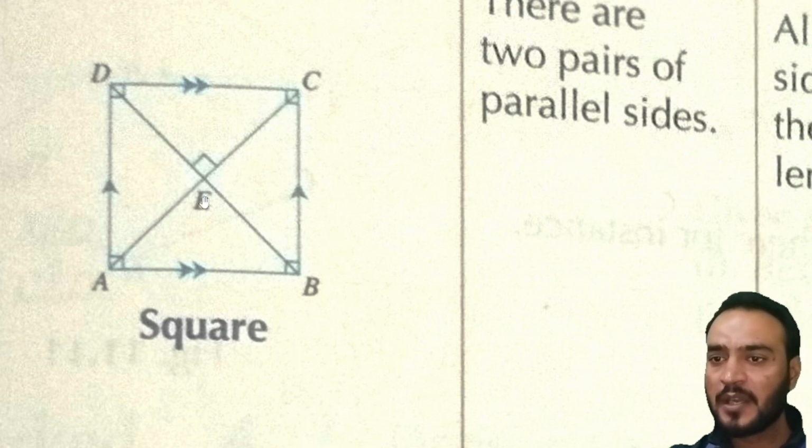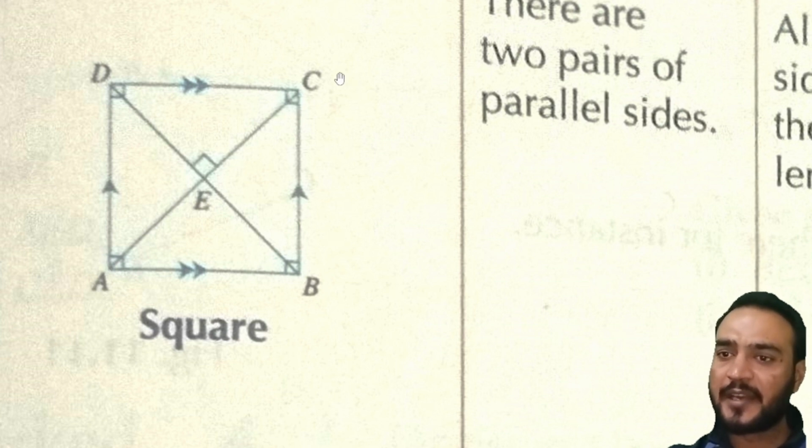So the point E is the midpoint of the diagonals. That is, the diagonals intersect at point E which bisects them. So this is the point of bisection, that is the point E, and it means that BE is equals to ED and AE is equals to EC by length.